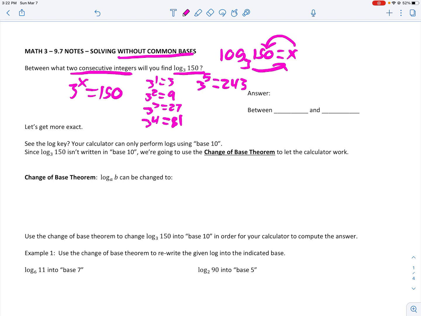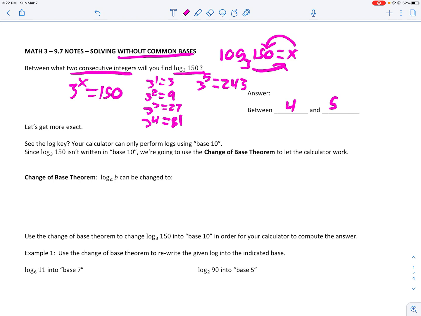That's bigger than 150. So that means the answer for what power would be between 4 and 5. 3 to the fourth power and 3 to the fifth give me somewhere between 81 and 243.